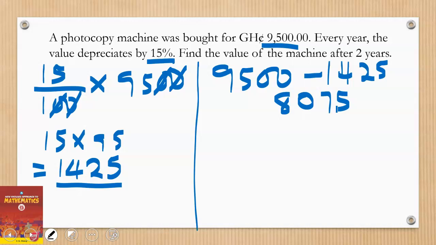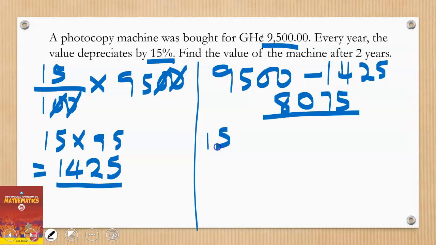Now, after using the photocopy machine for 1 year, the value of the machine is now 8,075. You understand? It means that if I want to sell this machine after using it for 1 year, I'll no longer sell it at 9,500. I'll sell it at 8,075.